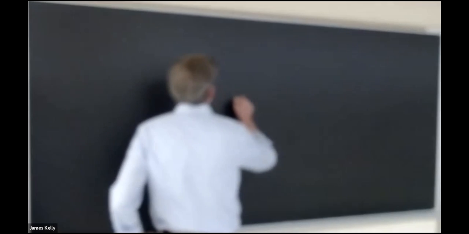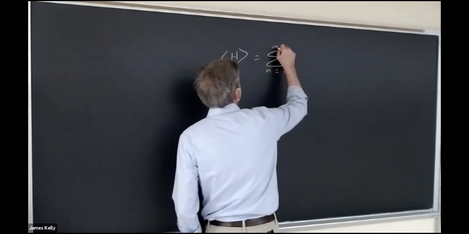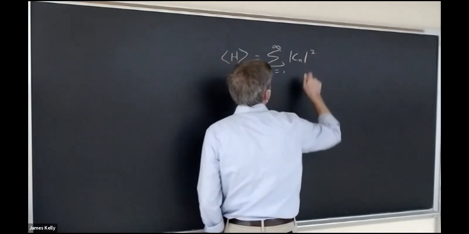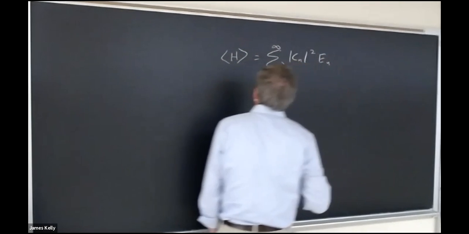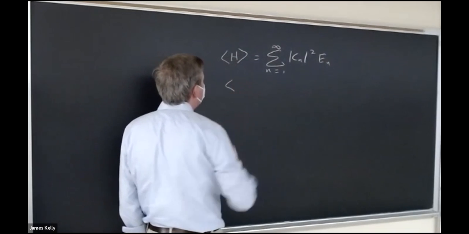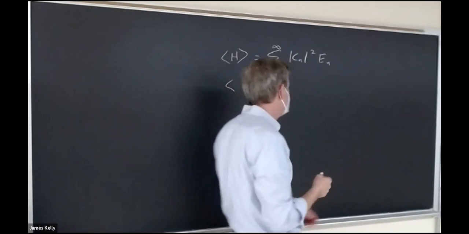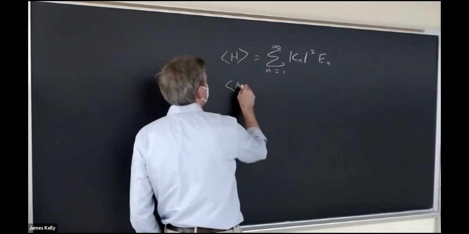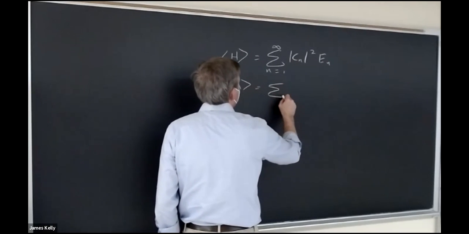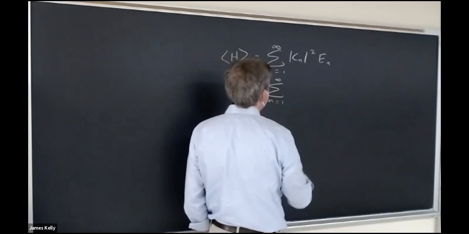So if we write that down and compare with what we figured out in chapter 1, the expectation value of H can be written as the sum from 1 to infinity of the magnitude of Cn squared times En. And remember, back in chapter 1, we said if you have a discrete variable, like the example with the average age in the room, we could calculate the average age by summing over all ages. Let's start at age 1 or something like that.